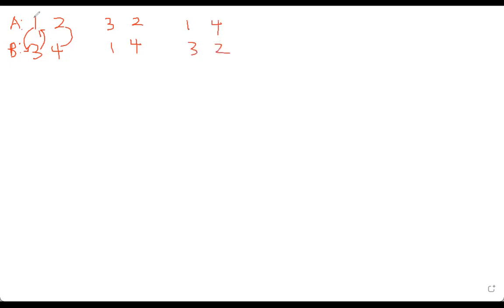Another combination is that 1 can go to the second barn and 4 can go to the first barn, so diagonally. And it can also happen in the other direction.